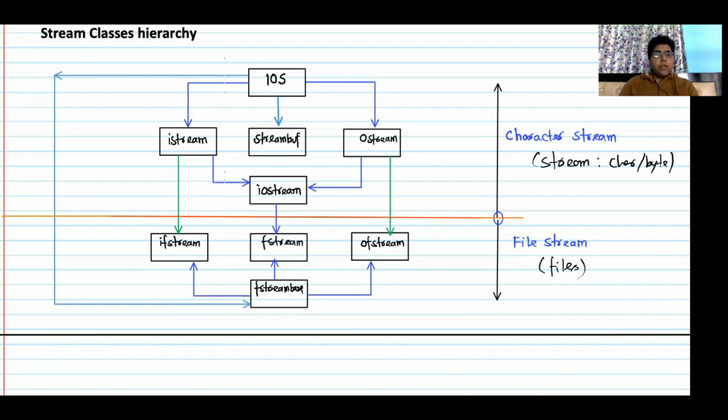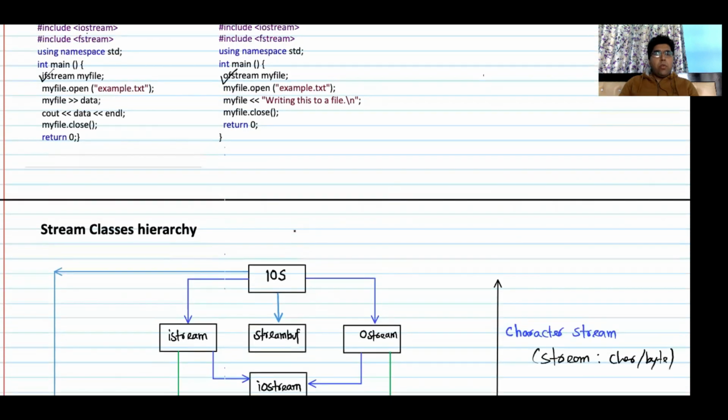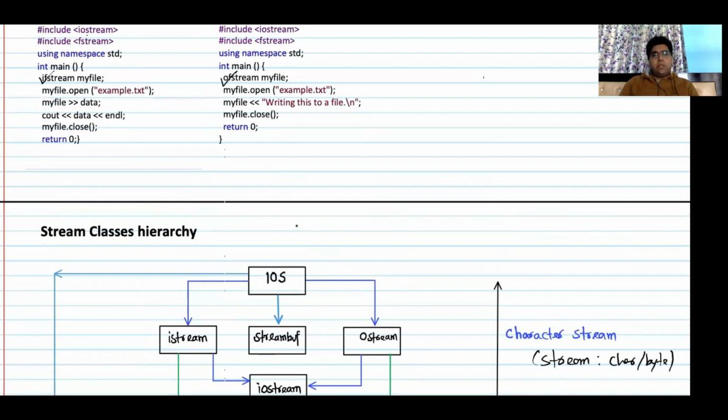In files, ifstream and ofstream are important, and whenever you are dealing with streams, istream and ostream classes are important. We only have to focus on the iostream.h header file or fstream.h header file, because both of these header files include all the related stream classes.